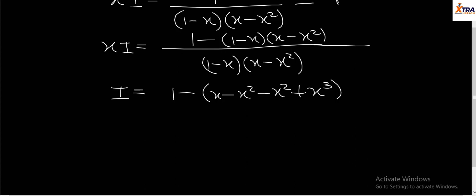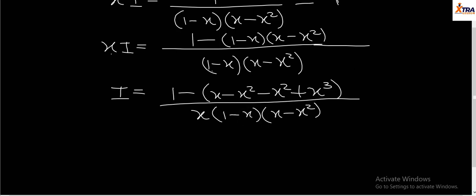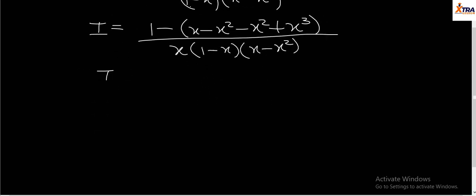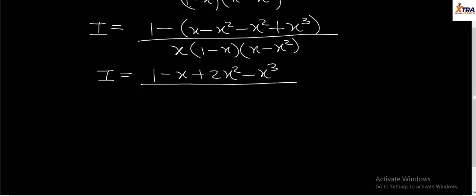And then I'll be having divided by, so my x here has come to this side, x into bracket (1 minus x) times (x minus x squared). From here I can see my I is giving us 1 minus x plus 2x squared minus x cubed all over x into brackets x.